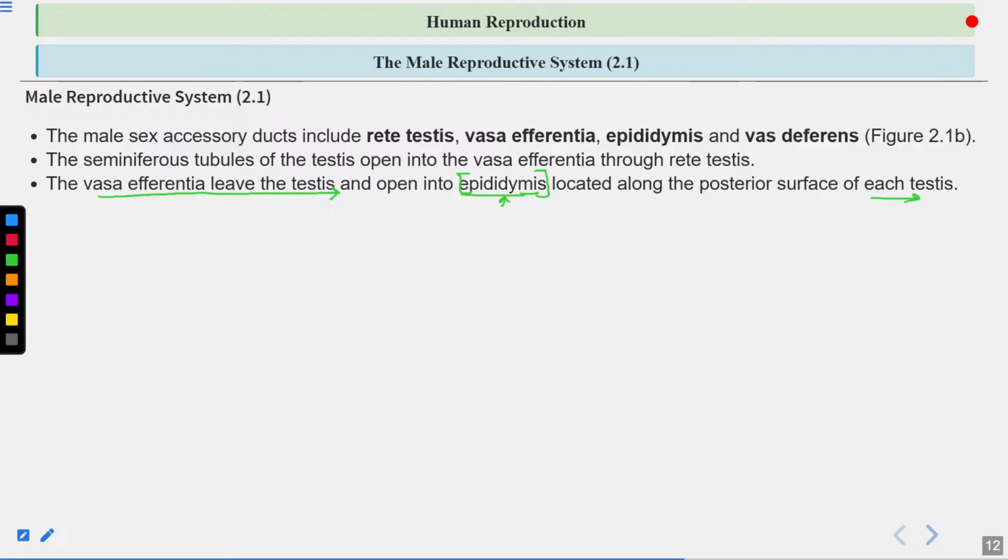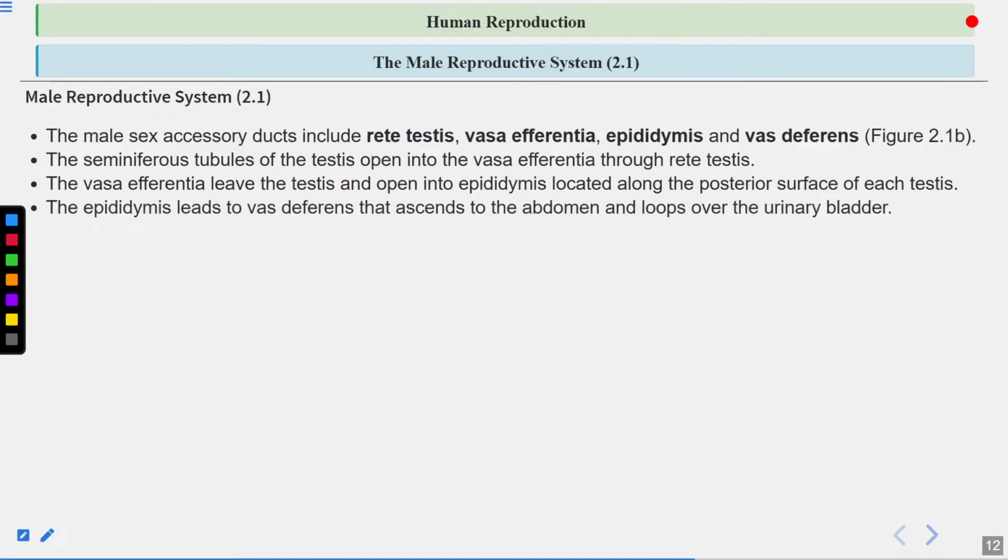Again, a question can come from here. Then from the epididymis, sperm will be carried by the vas deferens. The epididymis leads to the vas deferens that ascends to the abdomen and loops over the urinary bladder.